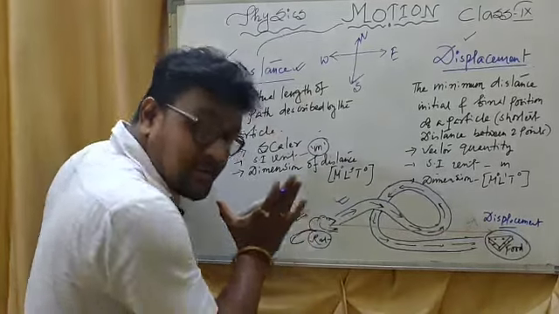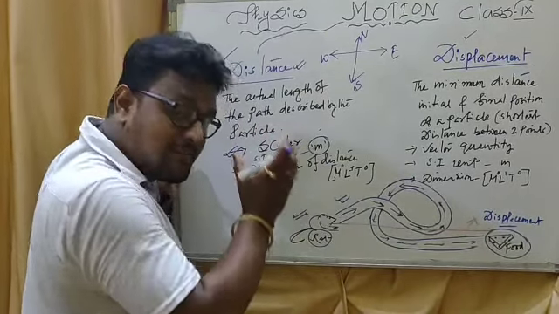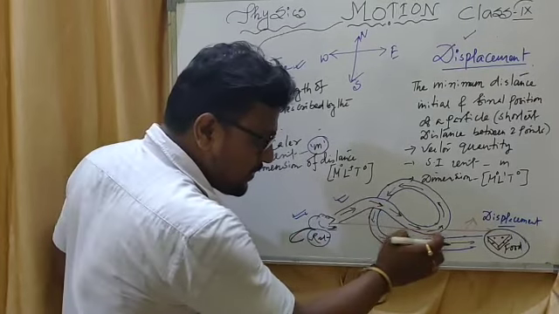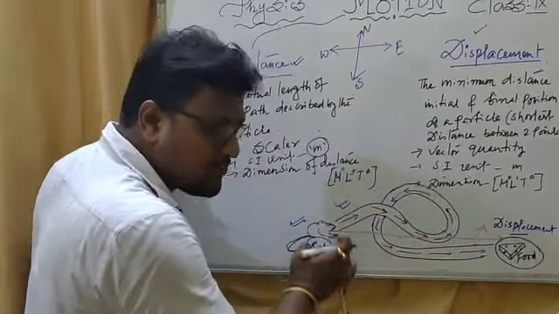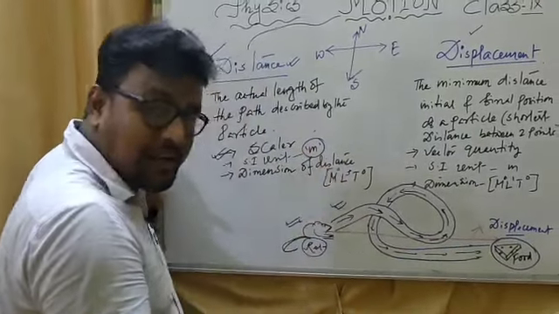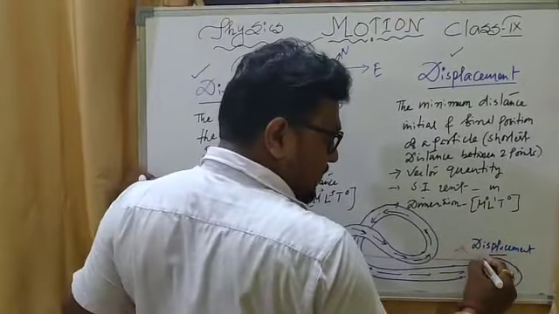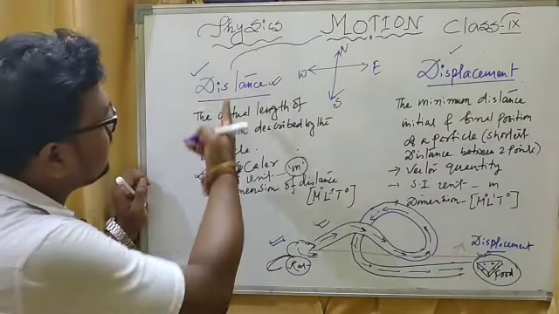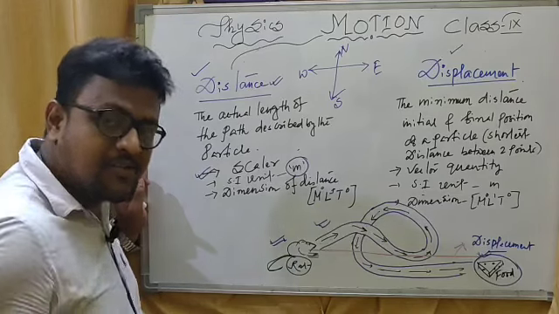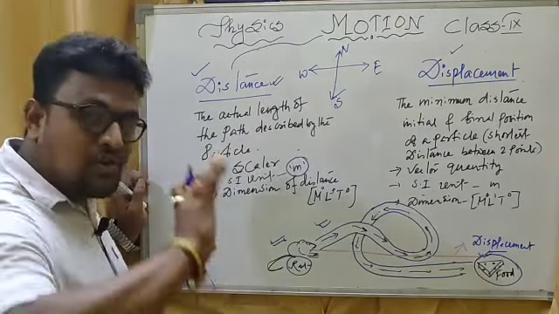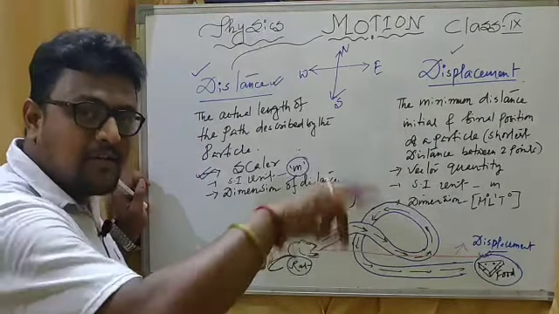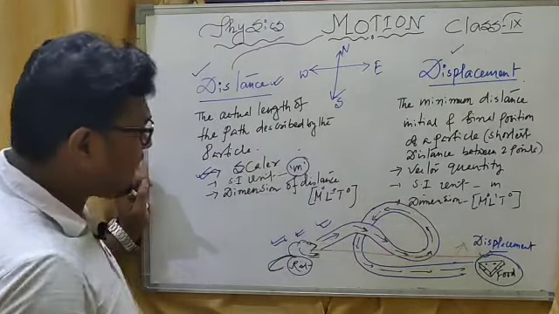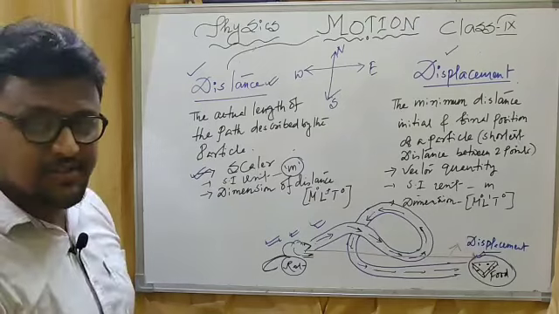When a rat travels a particular way, it covers a total actual path, and after that the rat catches the food. That is the concept of distance. So distance means the total actual path covered by a body, by an object. Here the rat is the object.